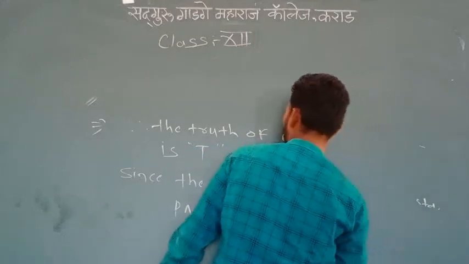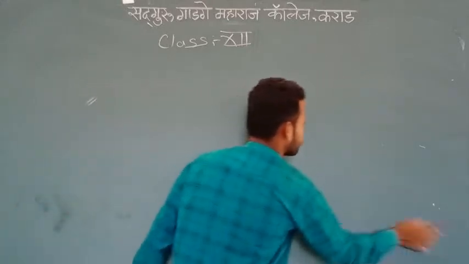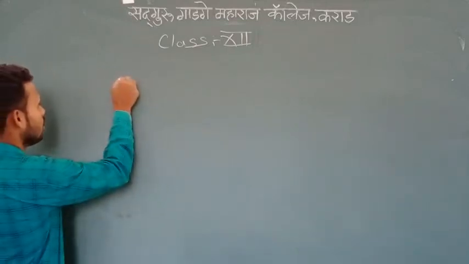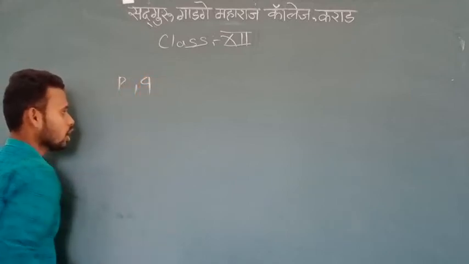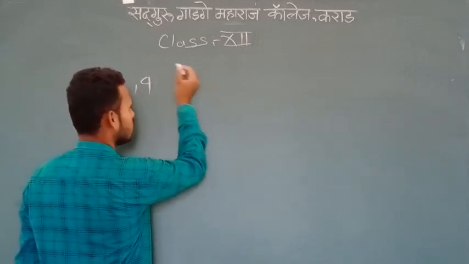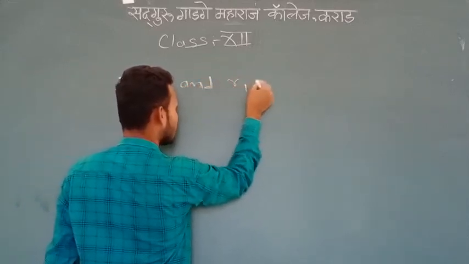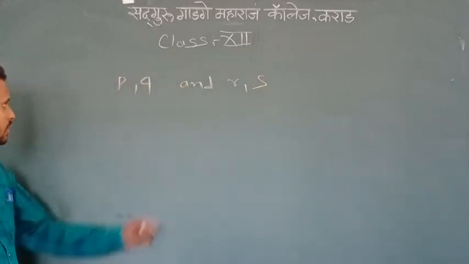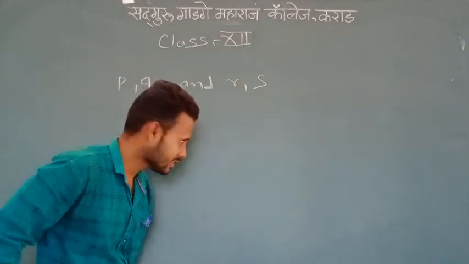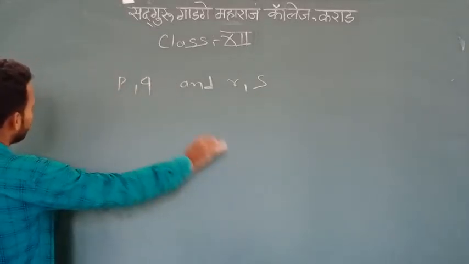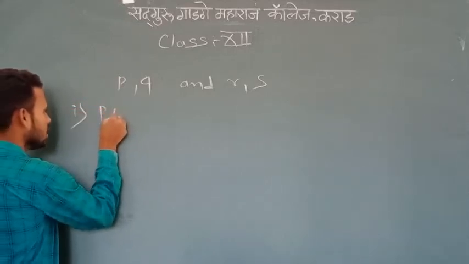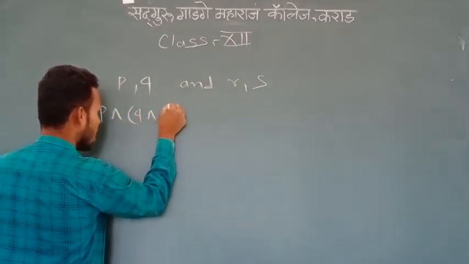Now let us take the next example. The next example is: if p and q are true statements and r and s are false statements, then find the truth value of the following statement, p meet q meet r.